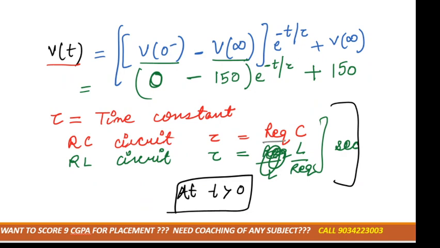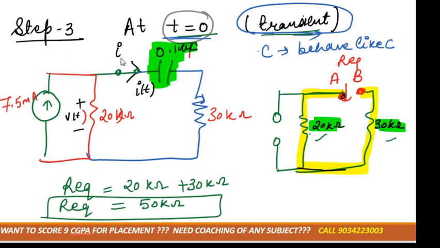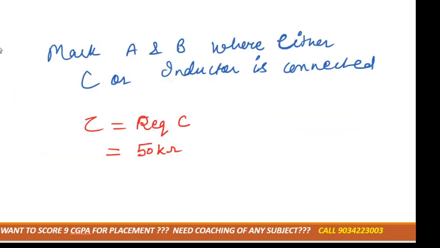As I told you, R equivalent multiplied by C. So tau is equal to R equivalent multiplied by C. R equivalent is how much we got? 50 kilo ohm. And capacitor value is how much? 0.1 micro. Now solve it and then tell me the value.